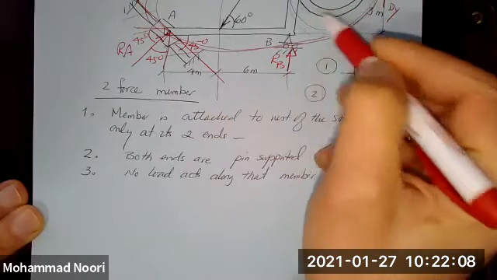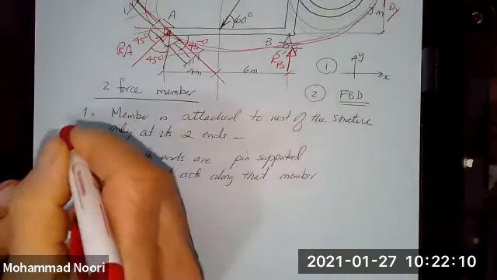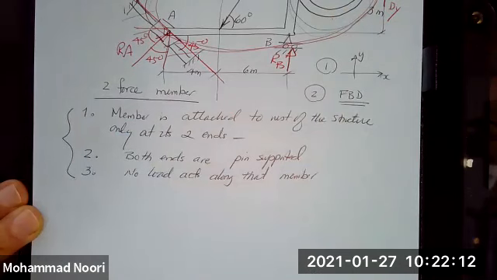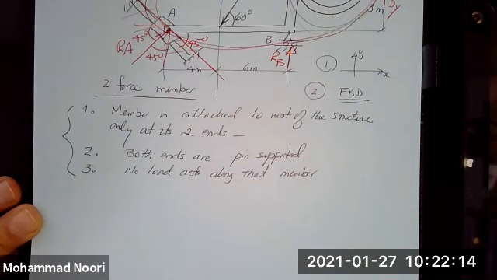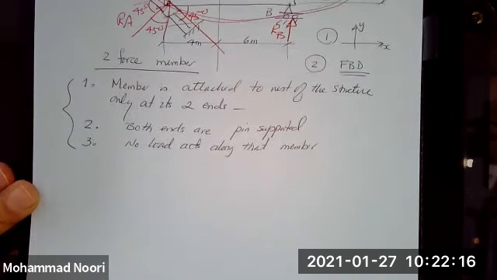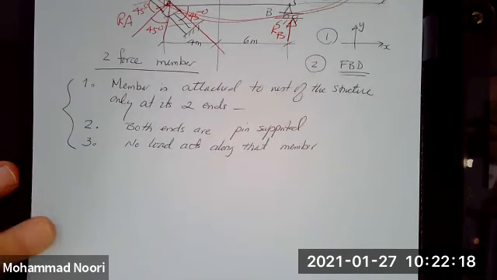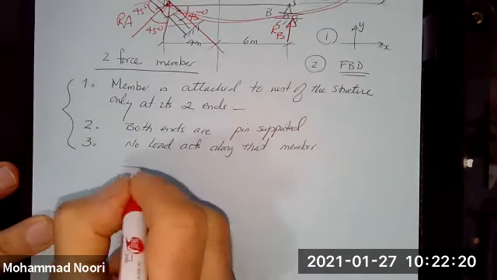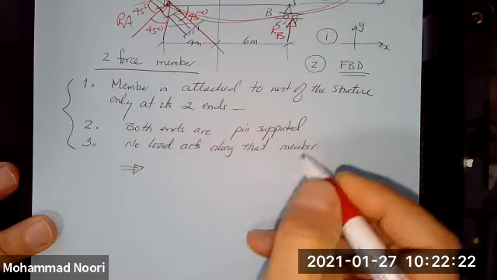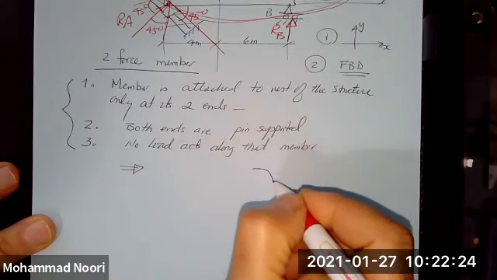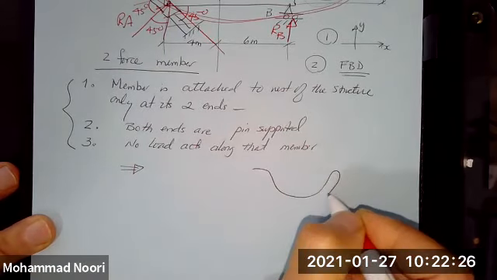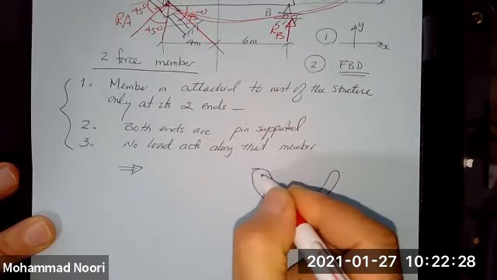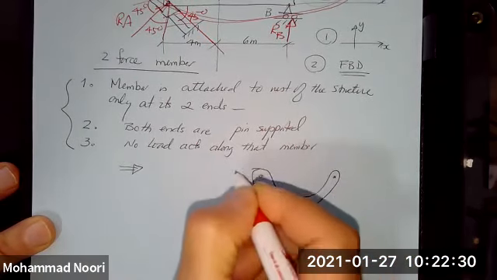See, there's no load here. If these three requirements are all satisfied, these three conditions exist, then if you consider the free body diagram of that member, regardless of its shape, in this case, it looks like this, FCD.